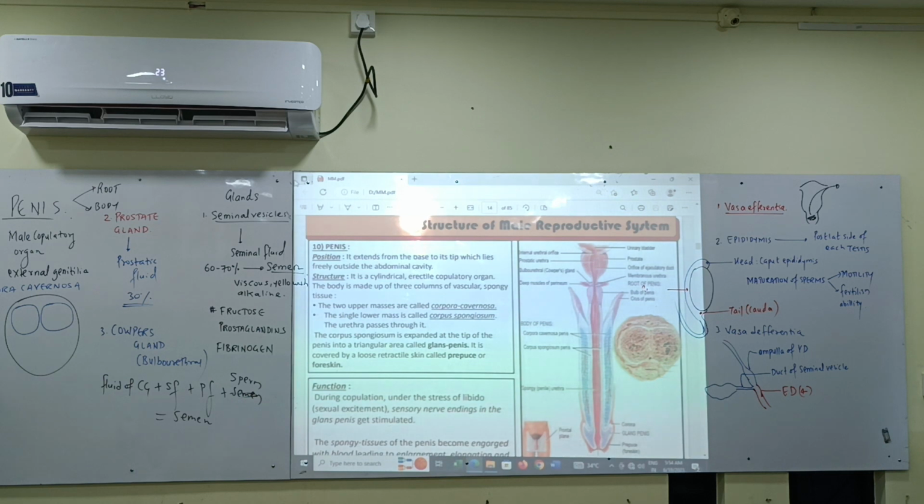And the ventromedial bundle. It is ventral in the middle. So what is the word I use? Ventromedial bundle, which is called corpus spongiosum. क्या होता है बच्चों उसको?